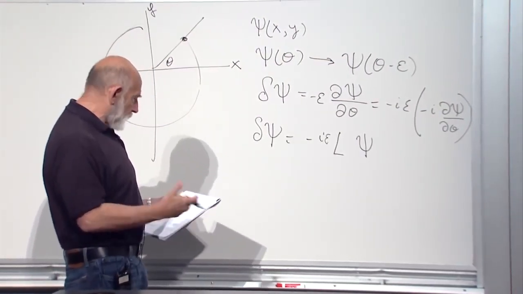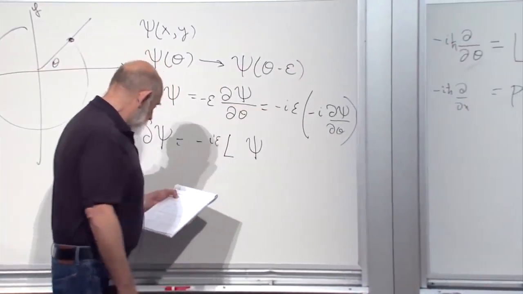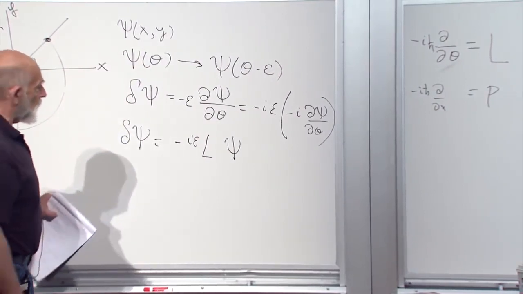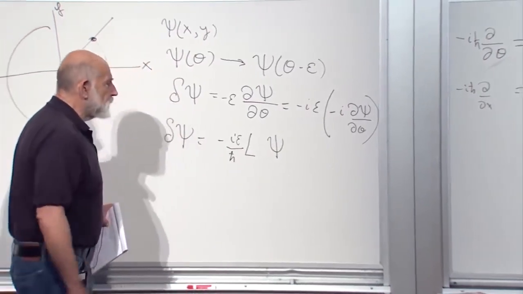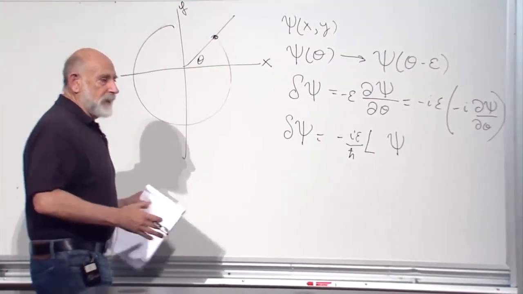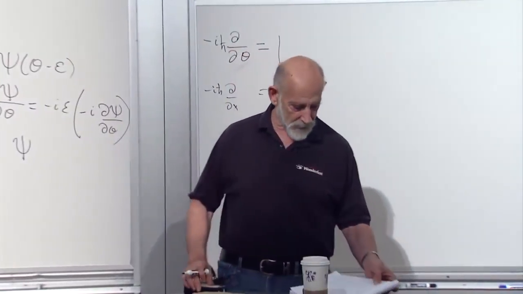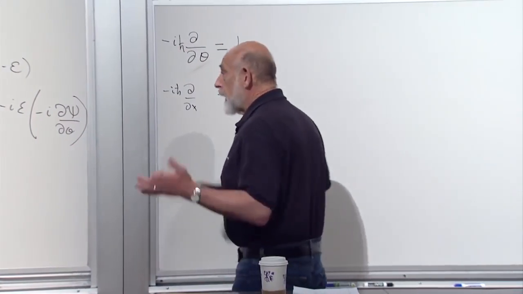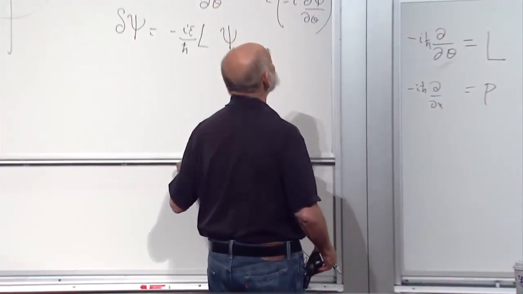It's a little bit arbitrary where we put it, but putting it over here, I guess we would say that the change in psi is i epsilon over h bar times L. I'll probably, here and there, just to remind you and to keep you awake, put in h bars. Now and then, every so often, randomly.